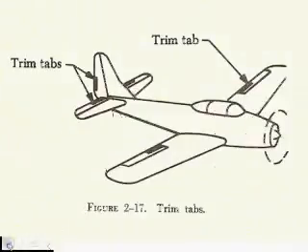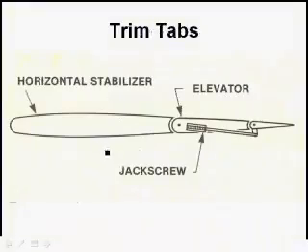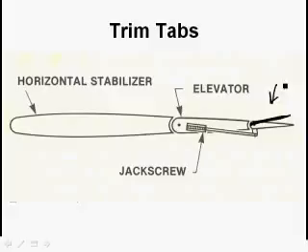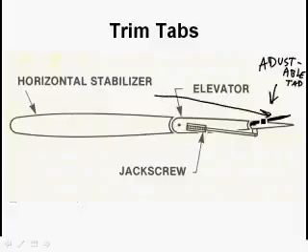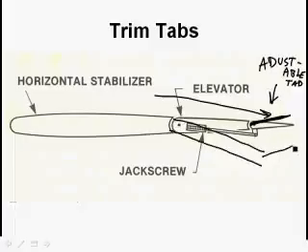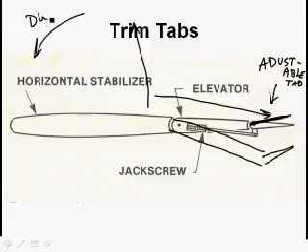You spin something in the cockpit, and there's a jack screw, and let's say that you move the adjustable tab up. What that's going to do is the slipstream is going to hit it and move the elevator down. Here's the tab. And so now that's going to reduce the lift on the tail. The tail's going to go up, and the nose is going to pitch down.